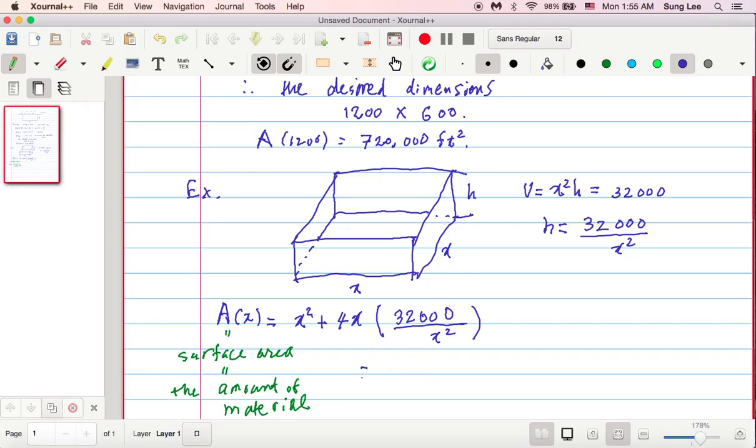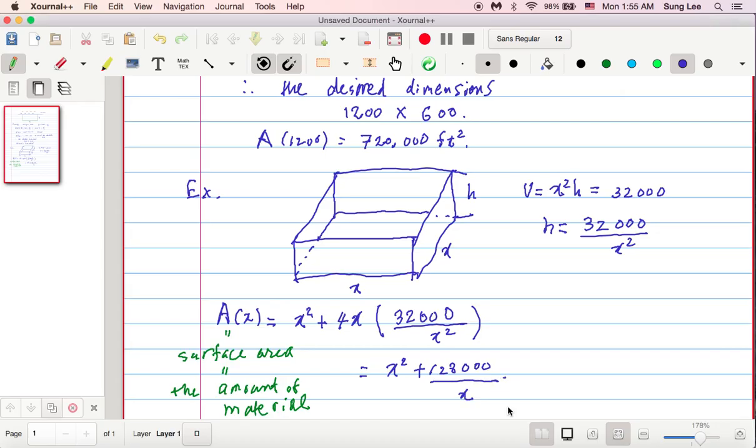So this is going to be x squared plus 4 times 32,000, that's going to be 128,000 over x.